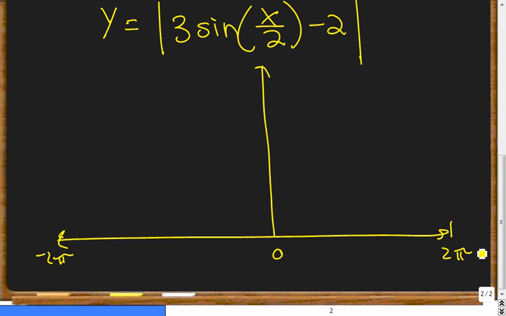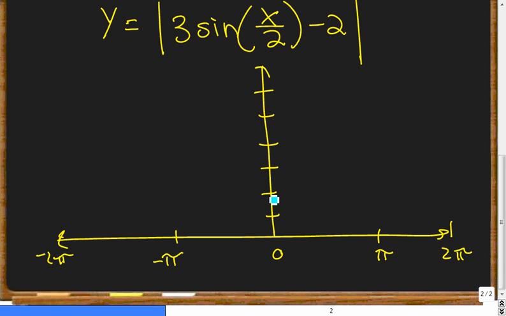Let's think about these values for a second real quick. Let's think about our big places here. So this is negative pi and pi. If I were to just input these places right now, I could figure out a good deal of what I am looking for.